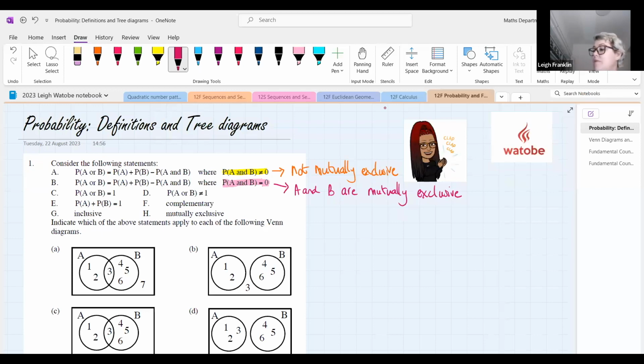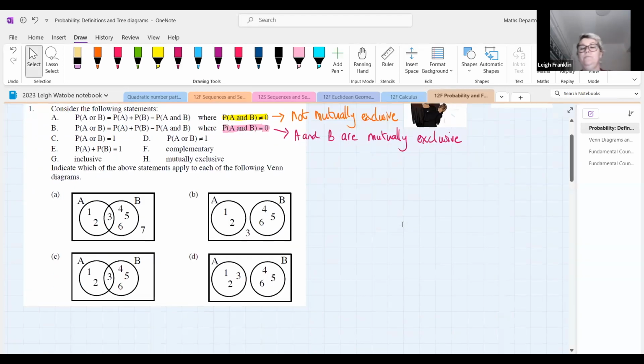What does it mean when the events are complementary? It's a bit of a more difficult one to explain.